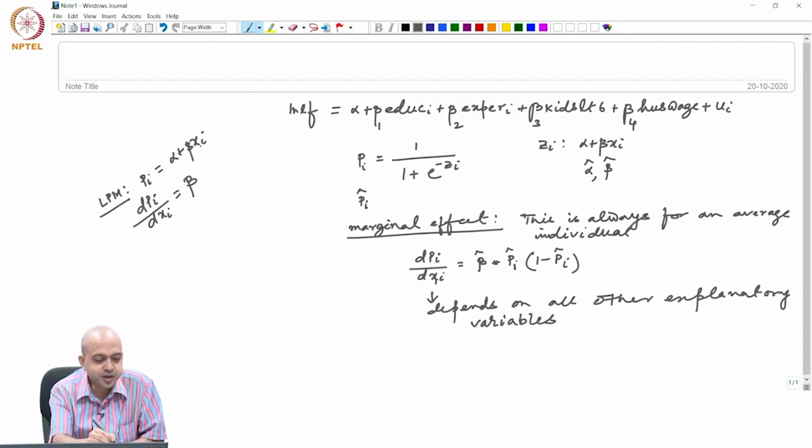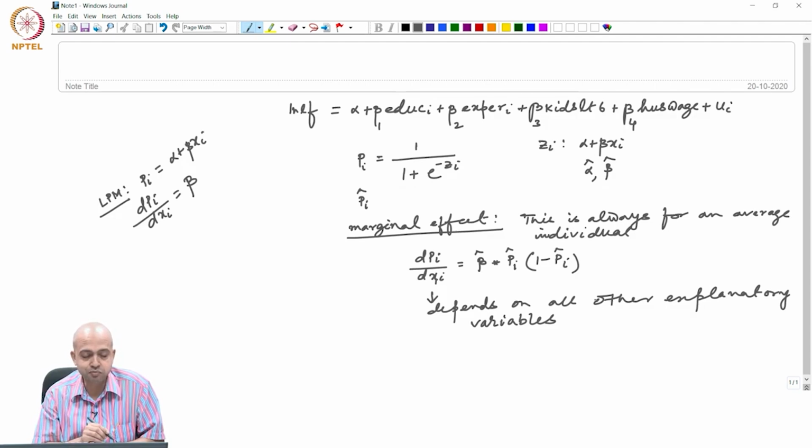And what is beta? Beta is attached to only xi, but here it is pi, and pi is based on all other explanatory variables. That is why in the linear probability model the marginal effect is calculated based on only that particular variable for which you are interested in calculating the marginal effect.